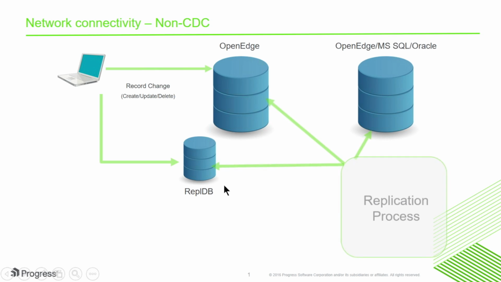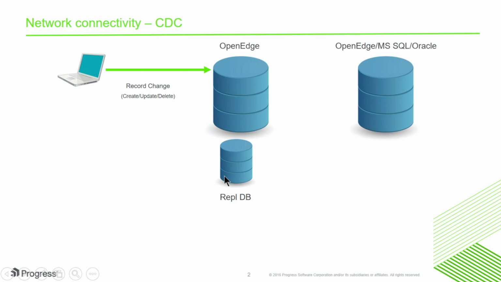And as Mike's slide described, upon successful replication, queue entries are normally deleted or marked as applied based on configuration rules. So in a CDC environment, this process is slightly different in that the user community for the application is no longer tied to an external REPL database, in the case that these are actually external.